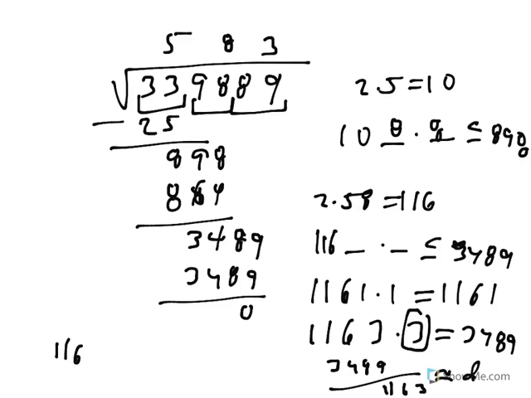Yeah, I don't have a good explanation for the starting number right now. Oh, sorry. Let me say this better. If we divide 3489 by 1160, that'll get close to the actual answer.